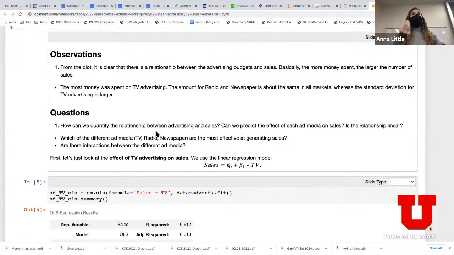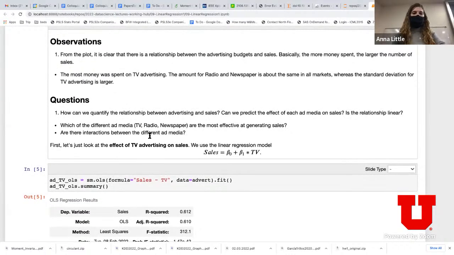Ideally, we want to be able to predict, if we spend more in this area, we're going to see this much increase in our sales. We want to make predictions along those lines. And we want to answer questions like, what should we spend our money on? Should we invest more in TV, radio, or newspaper advertising? What's the best strategy here? Which media is the most effective at generating sales?